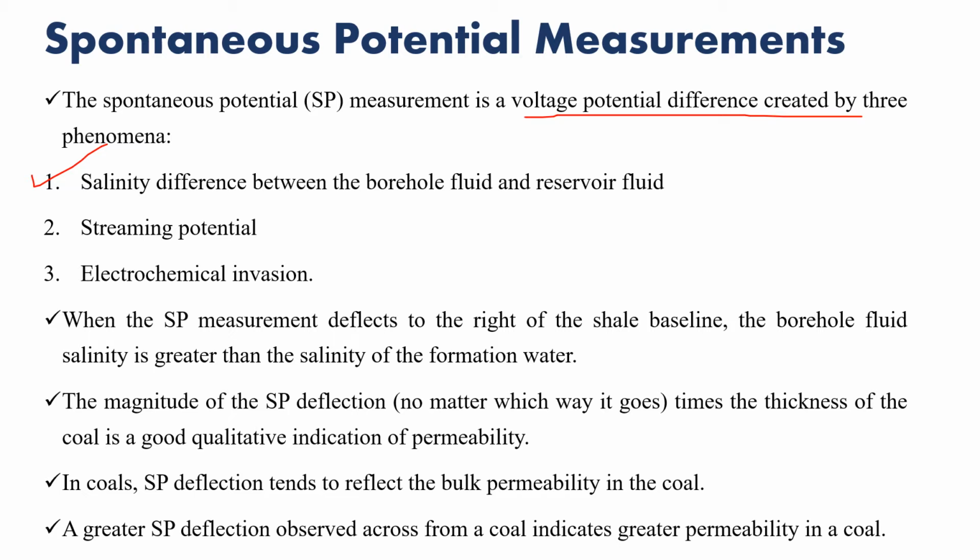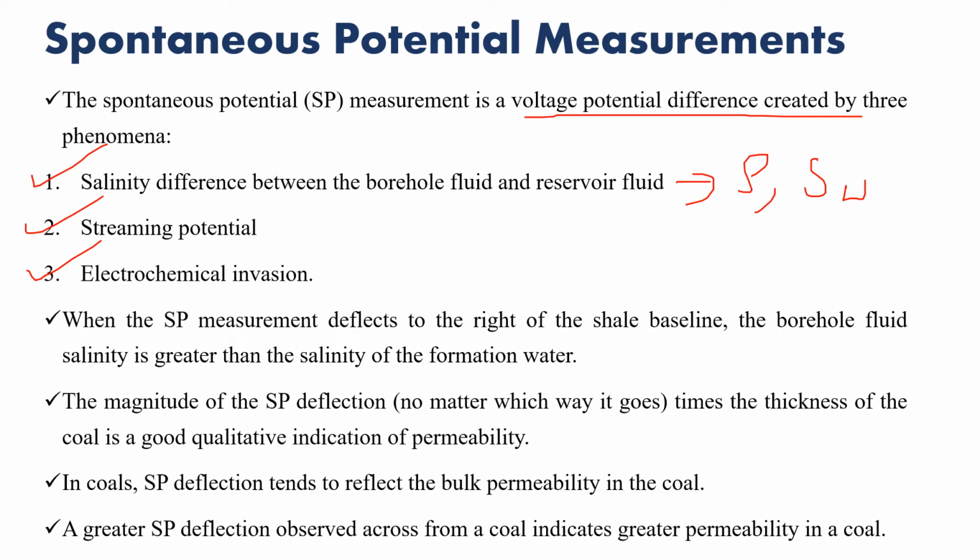Resistivity values depend on this, along with salinity or water saturation values, streaming potential or flowing potential, and electrochemical inversion. Because the ions in the formation invert from one bed to another bed, we can find a spontaneous potential measurement between the voltage at the surface and the voltage at the reservoir or in the wellbore.